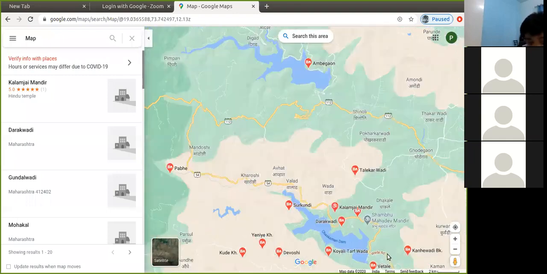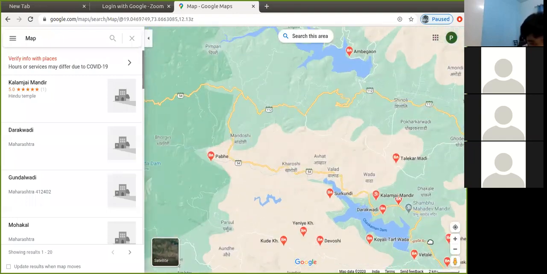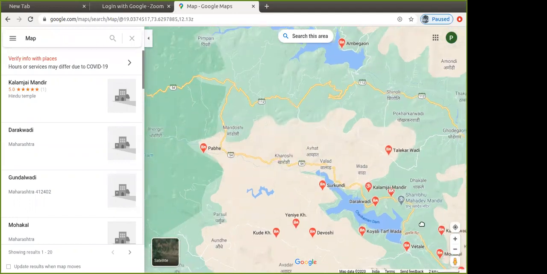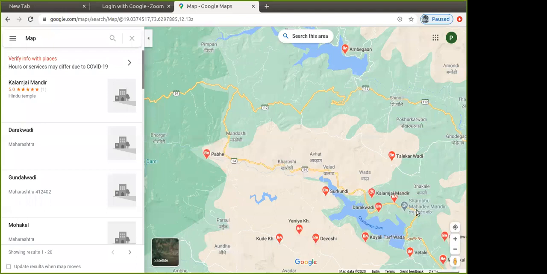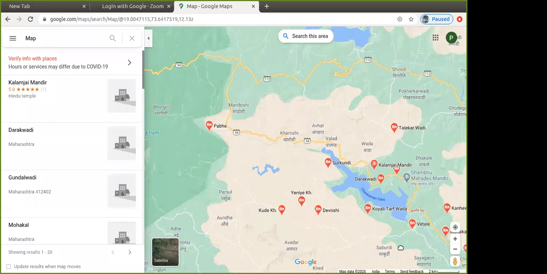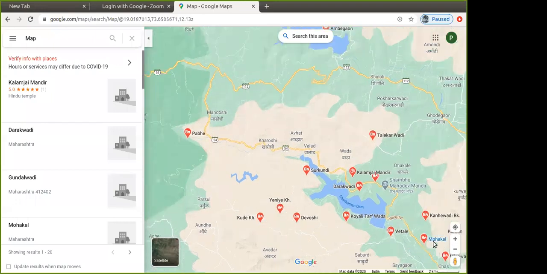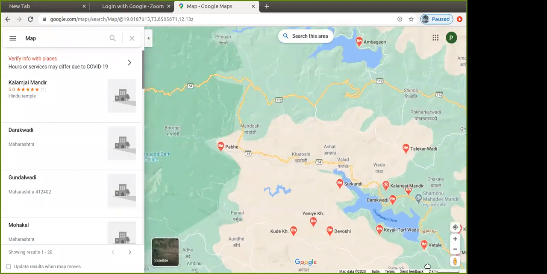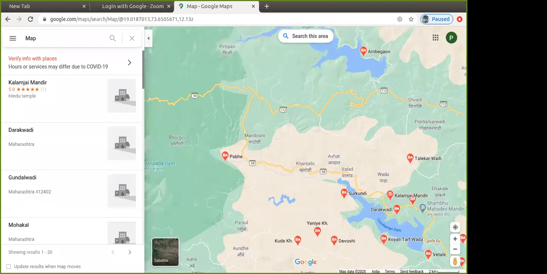So basically, now you can see this 2 kilometer thing, right? I hope all of you can see it. This line here represents 2 kilometers. It's a very small scale. If you see the distance between Betale and Mohakal, it is approximately 2 kilometers.